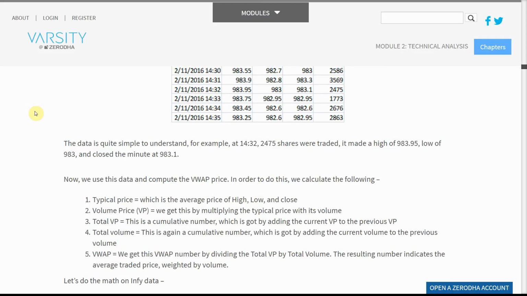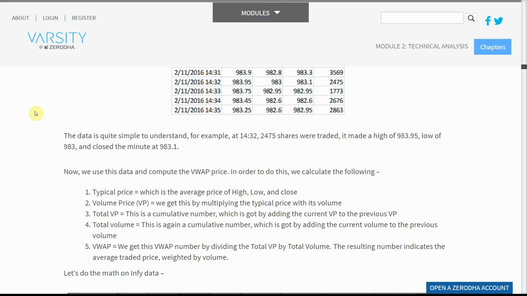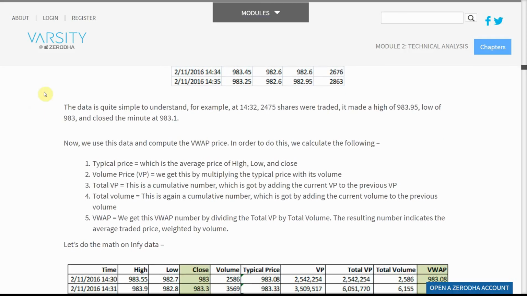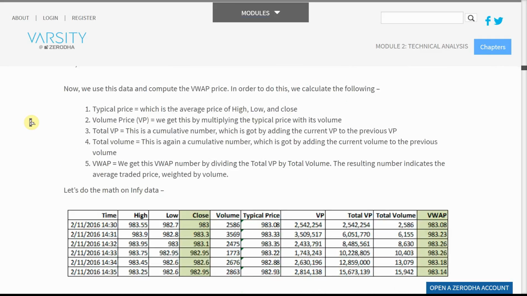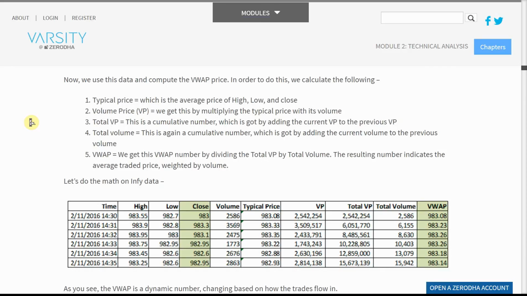VWAP equals the total VP divided by total volume. The resulting number indicates the average traded price, weighted by volume. Let's do the math on NFI data. As you see, the VWAP is a dynamic number, changing based on how the trades flow in.